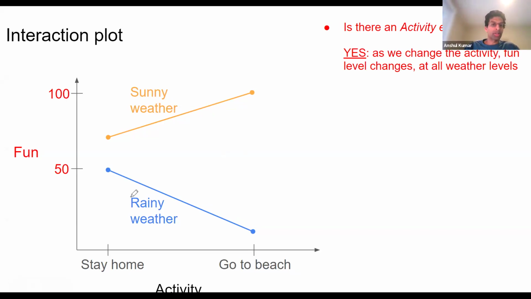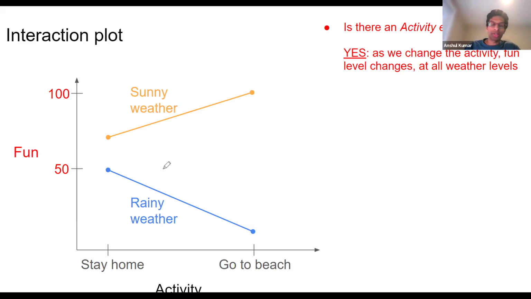So let's start with the rainy weather condition. In the rainy weather condition, as we move from staying home to going to the beach, our fun level moves from 50 to 10. So since it did not stay constant, since it changed, we'll conclude there is an activity effect for the rainy weather condition.